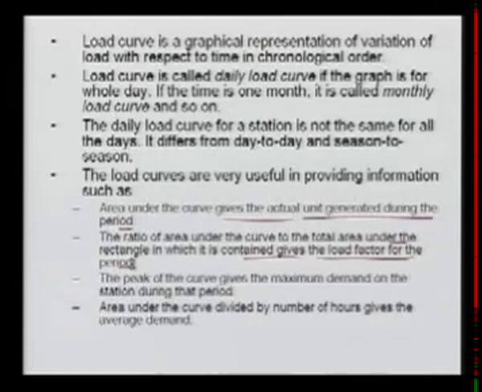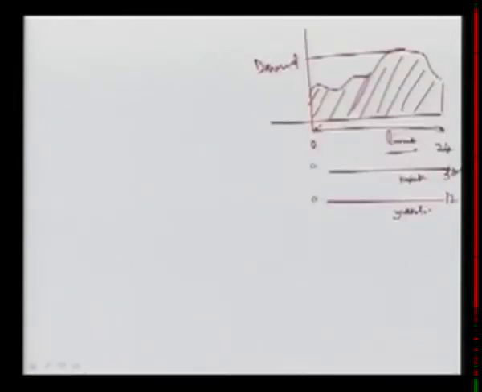If this rectangular area is the maximum, then this area A divided by this complete area gives you the load factor. Load factor, you must be knowing, is the average demand divided by the maximum demand.